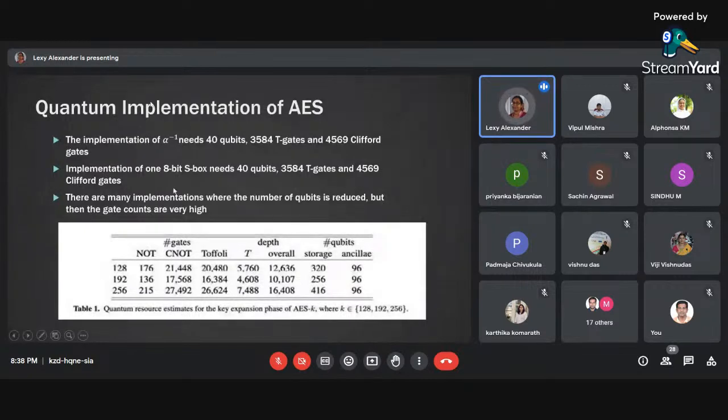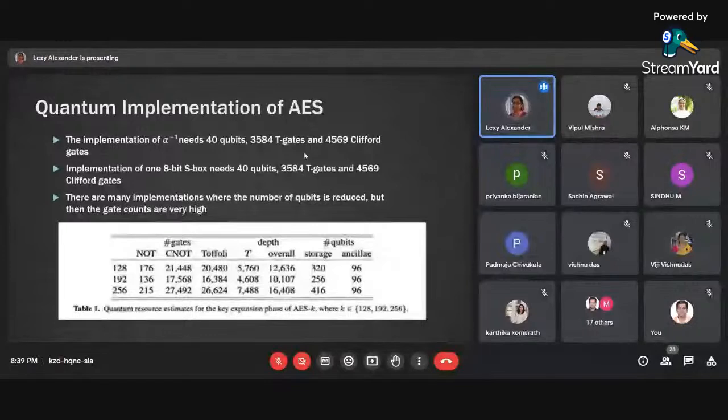After the inverse, you have to apply an affine transformation. That takes no T gates, only Clifford gates. So one implementation of an 8-bit S-box needs 40 qubits, the same 3,584 T gates, and, because of the affine step, some more added Clifford gates. Here it is less. There are many implementations.